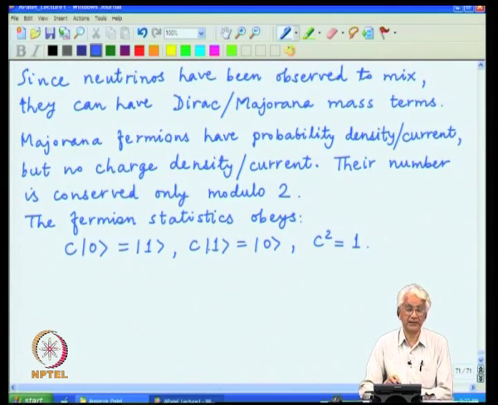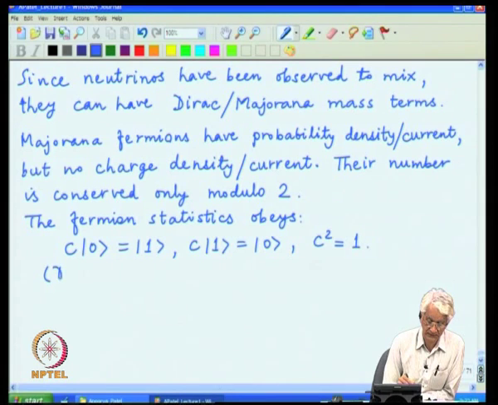This is different than the exclusion principle, where a fermion operator acting on the vacuum state will create a 1 fermion state, but if I apply a second fermion operator, it will produce the number 0. It will annihilate the state completely, not produce the 0 fermion state.